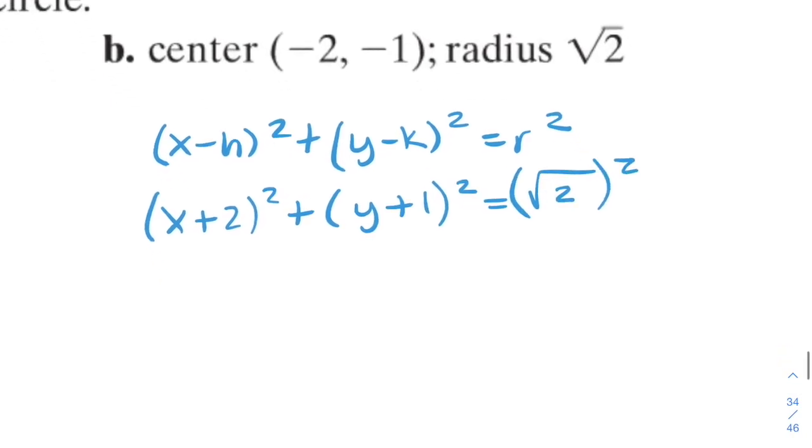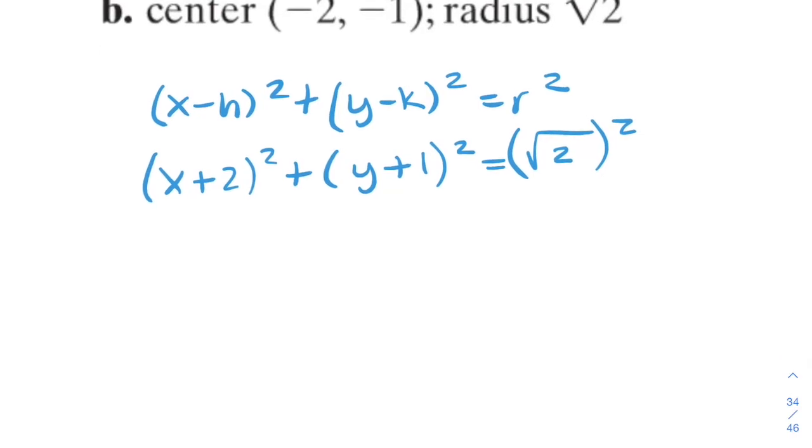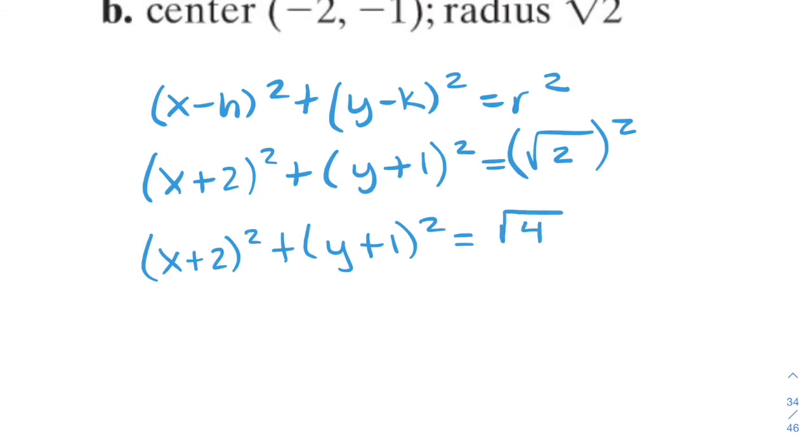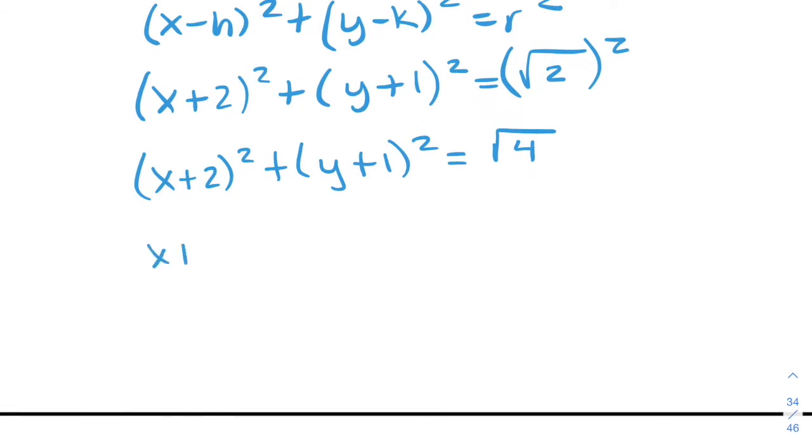Don't freak out. 2 times 2 is 4, so it's the square root of 4, which is 2. Squaring a square root, they're inverse operations. They're actually going to just clear the way. So you can either write it like this now and then go one more step, or you can go immediately to this new step. So you can skip step 3 that I wrote there. You don't have to do that.